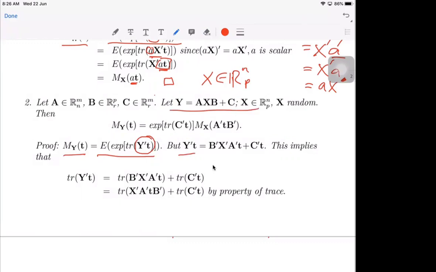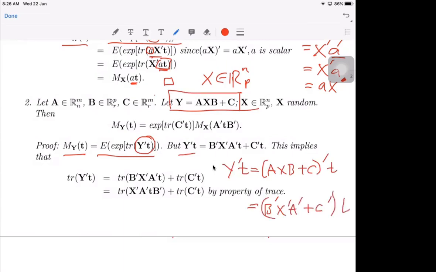From here, Y prime t will be equal to (AXB plus C) prime times t, and this is equal to (B prime X prime A prime plus C prime) multiplied by t, and you will have this one.